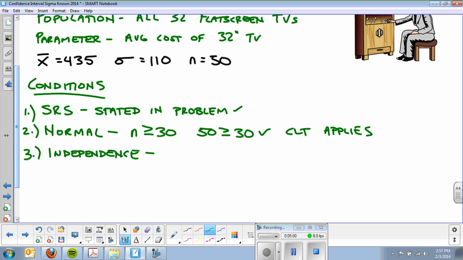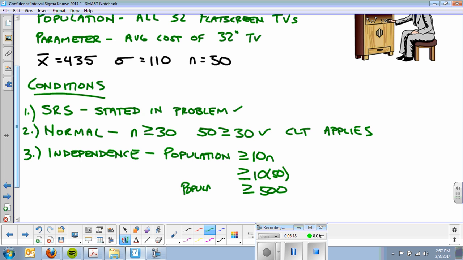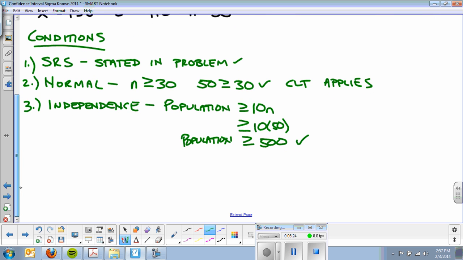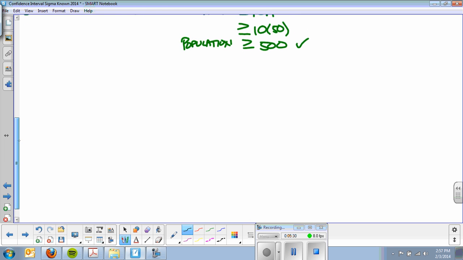That's why we want to make sure that the population is greater than or equal to 10n, greater than or equal to 10 times 50, which is 500. And I'm going to go ahead and assume that there are more than 500 flat screen TVs out there. Okay, so now we're done with the conditions. We can move on to the fun part, the calculations.